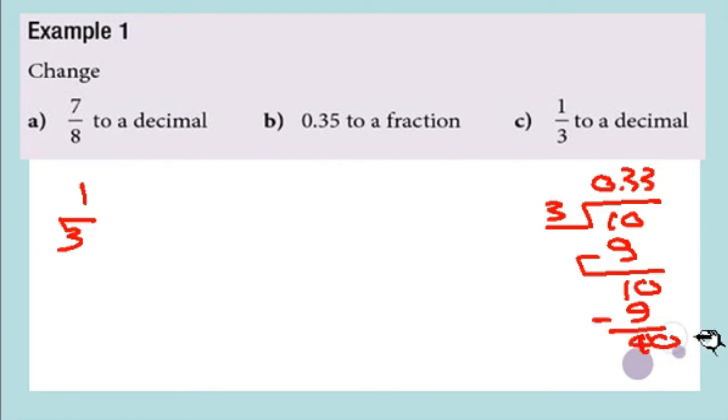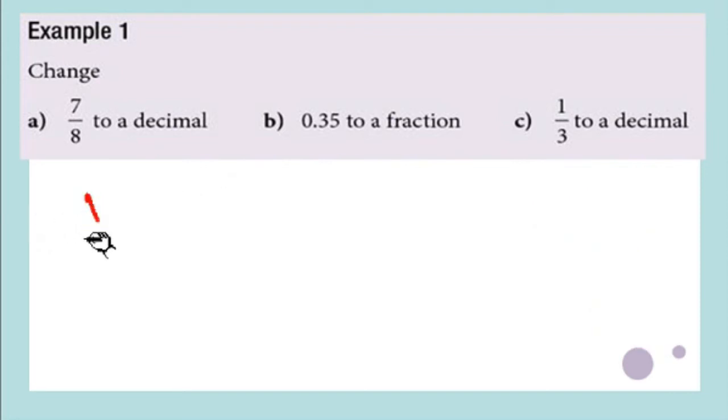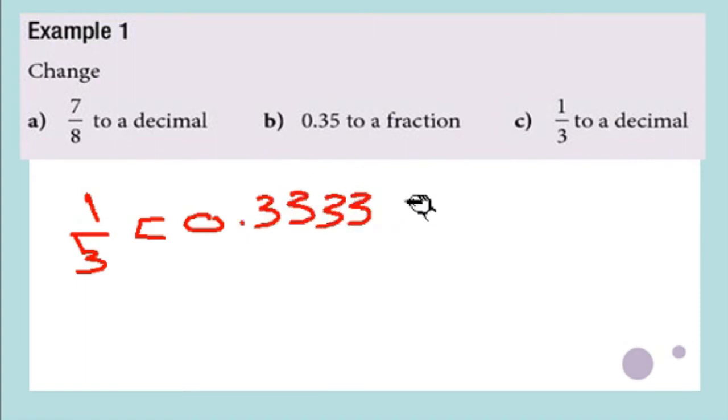Here 1. Put 0 again. So again, 1 over 3 equals 0.333. This is endless 3s, I know.